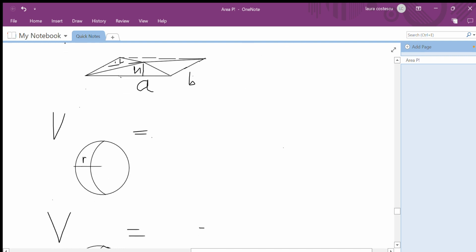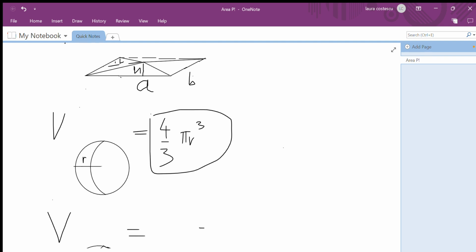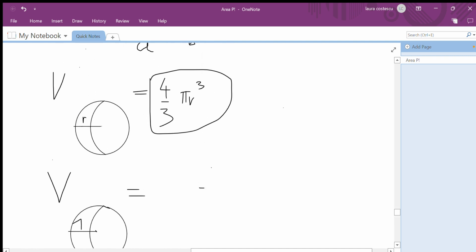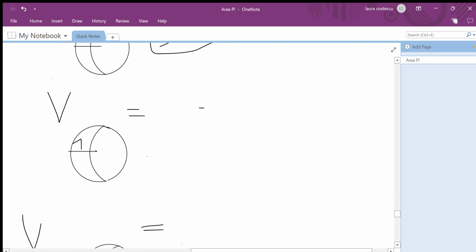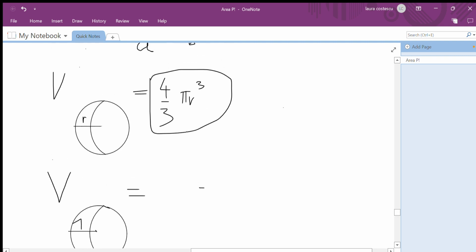So what about a sphere? It's a bit complicated, but I can still show you how it's done. It's pretty fun. 4 over 3 pi r, not squared but cubed. Yep, this is a bit more complex. I'm giving you time, don't you worry.